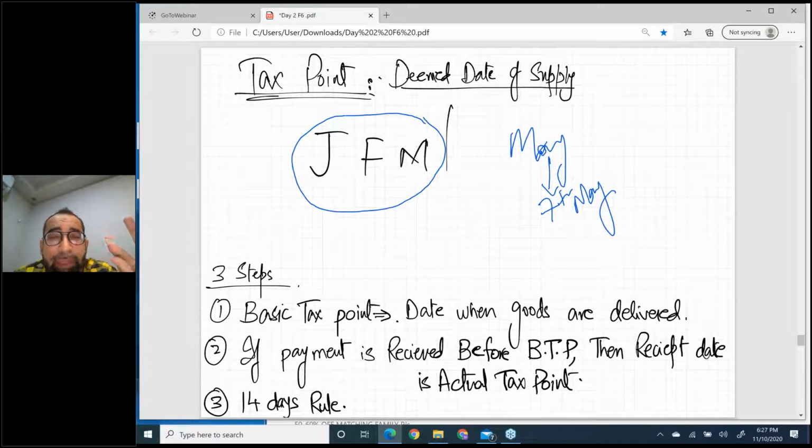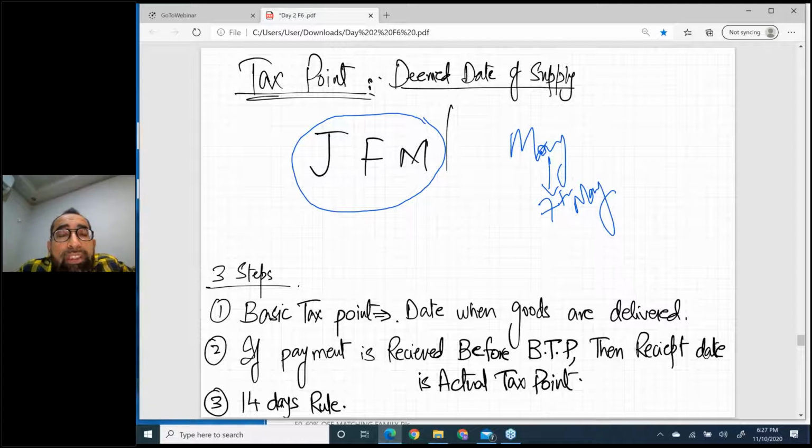This we already know, we have studied. But for which transactions? Cash sales, credit sales, what is the criteria? I mean, how you will recognize which transactions to be included in which quarter? For VAT purpose, which transactions are to be included for January, Feb, March?